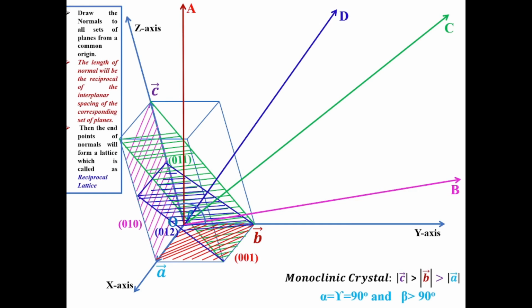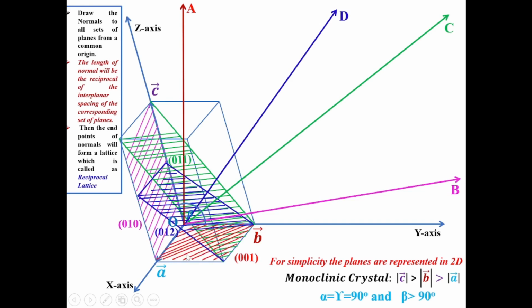Okay, now for simplicity, the planes are represented in 2D form. So here the planes are represented in 3D form. Now for simplicity to draw the reciprocal lattice, we consider the planes in 2D form. How is it? Carefully you have to watch.